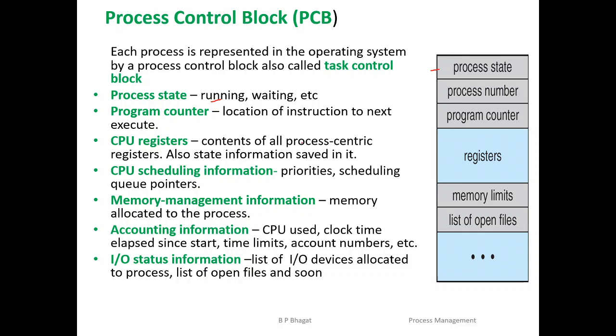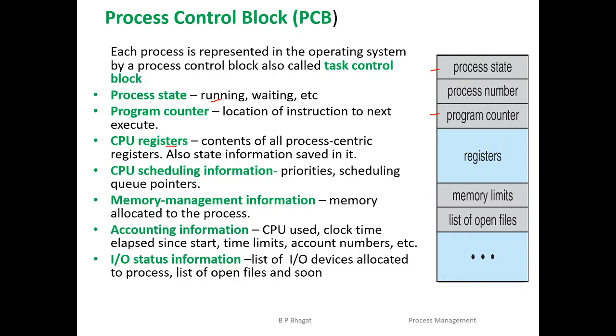Then we have the program counter. The counter indicates the address of the next instruction to be executed by the process. Then we have the CPU registers. The registers vary in number and type depending upon the computer architecture.